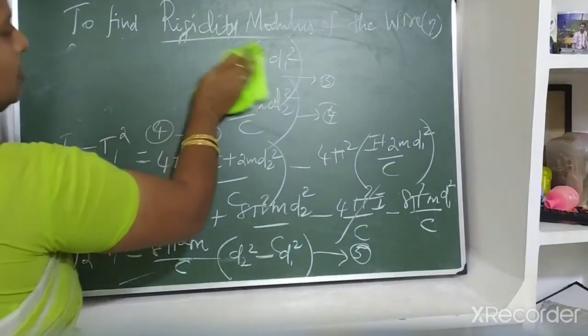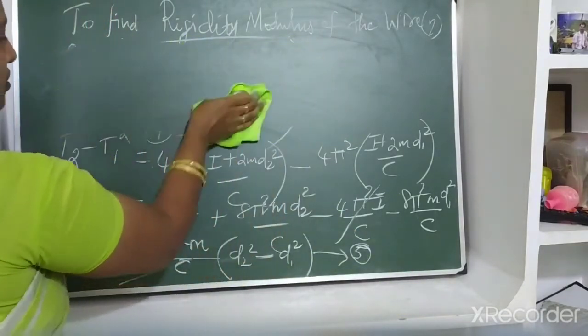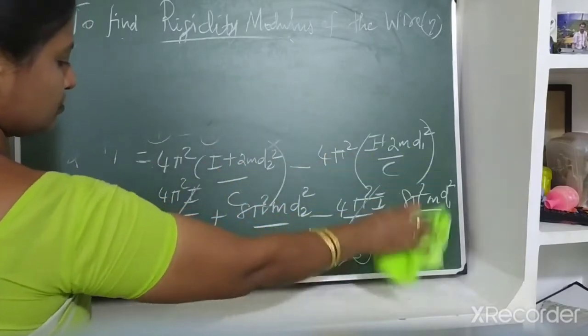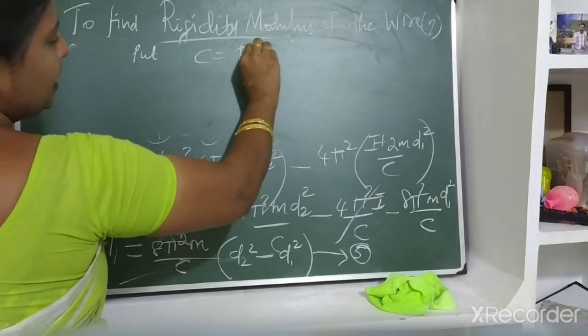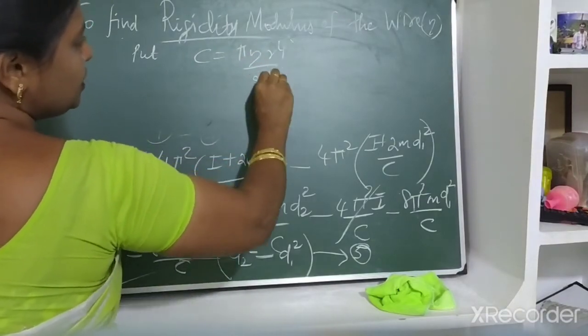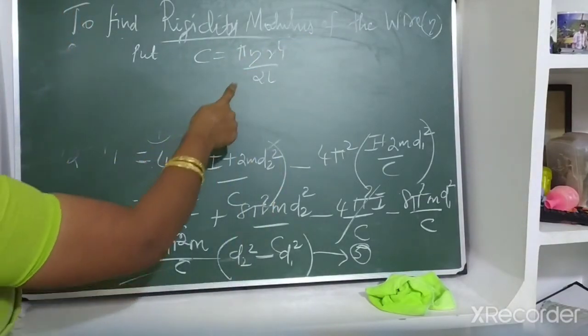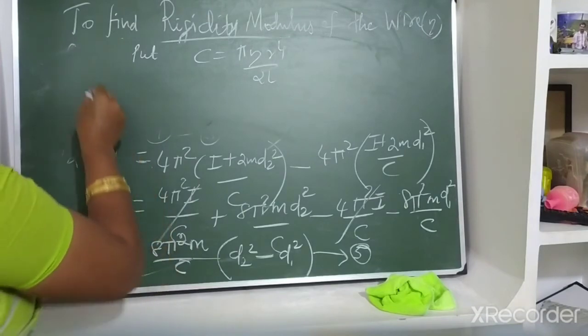Continuing this equation, put C equal to pi eta r power 4 by 2l. We can substitute this in the denominator of this equation.